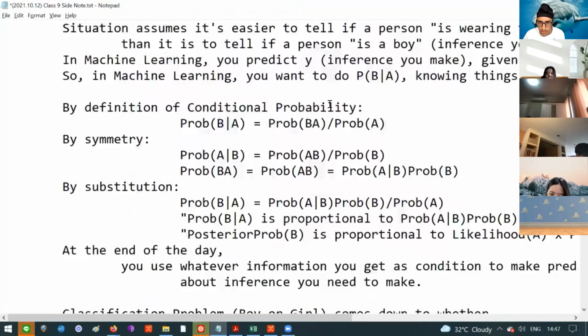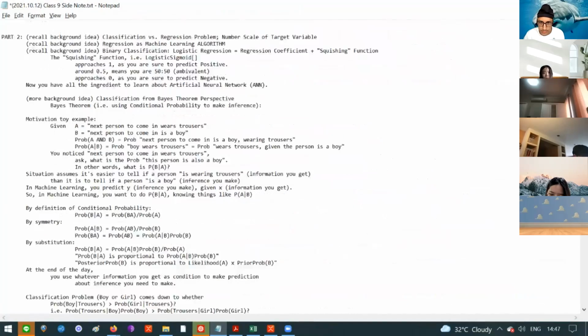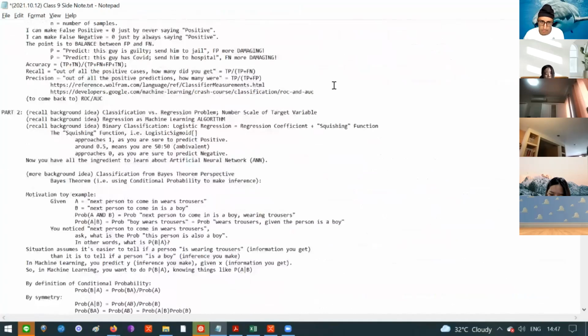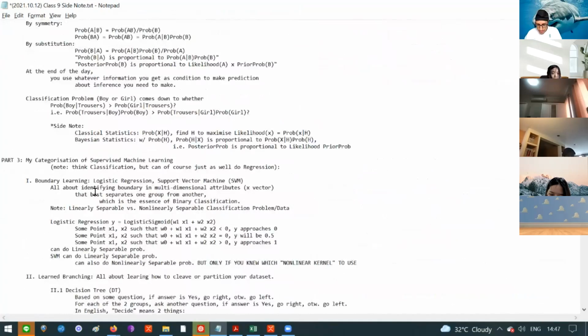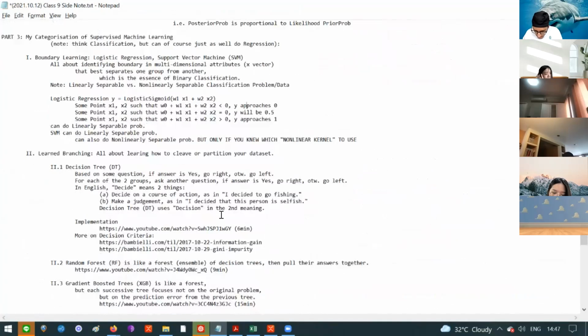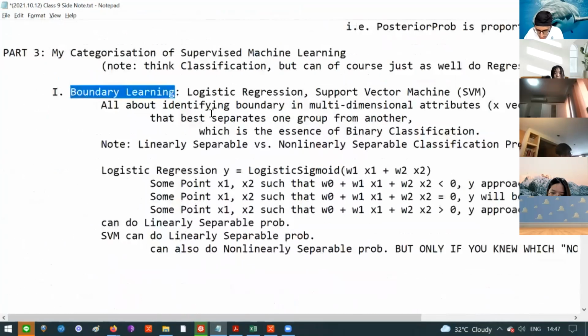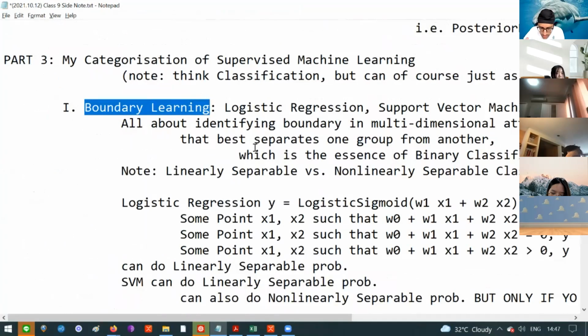Okay, so in the first half of this class, this is what we did in the first half, right? Basically, there are three kinds of machine learning that I want you to think about. One I call boundary learning, but this is not standard terminology, so I'm not going to hold you to it, okay? But this is how I organize the algorithms.